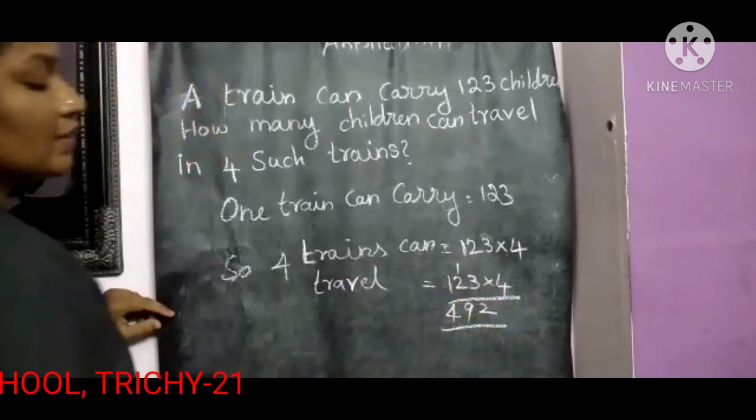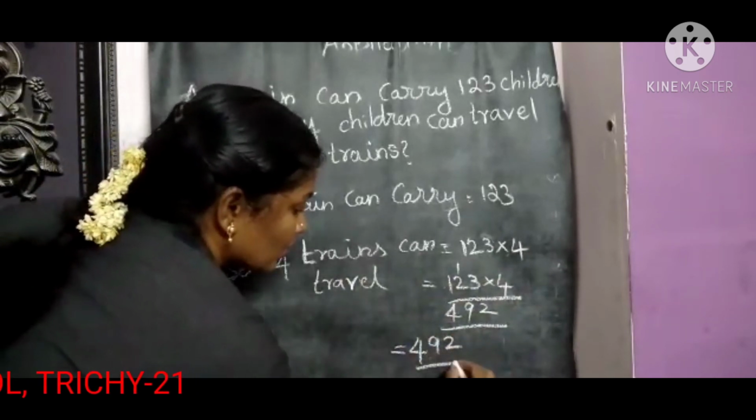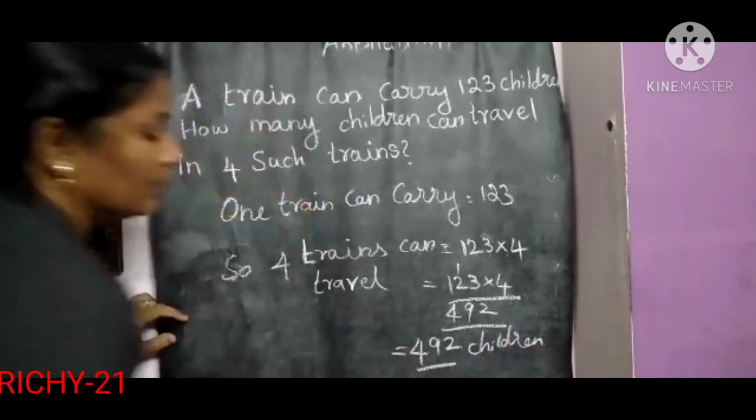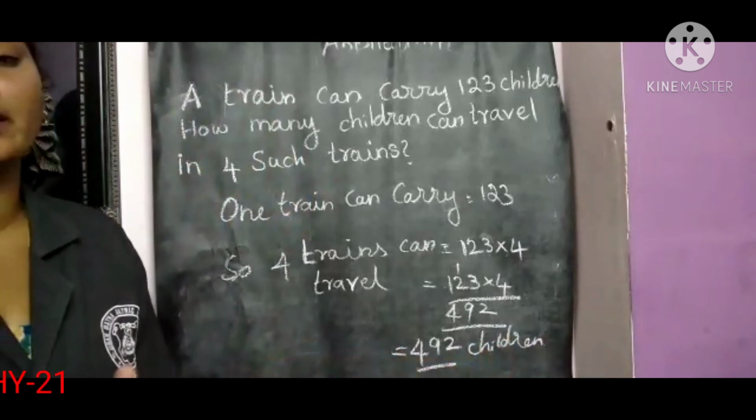So totally in the 4 trains, 492 children can travel.